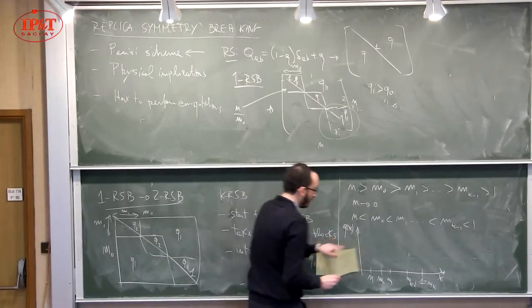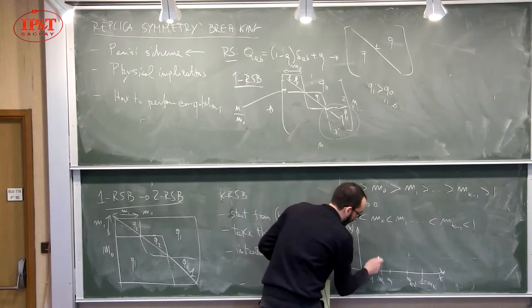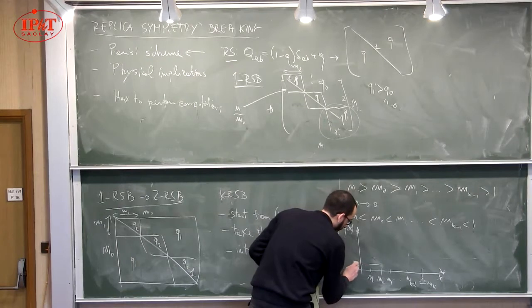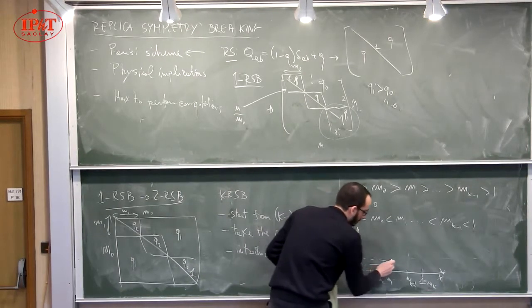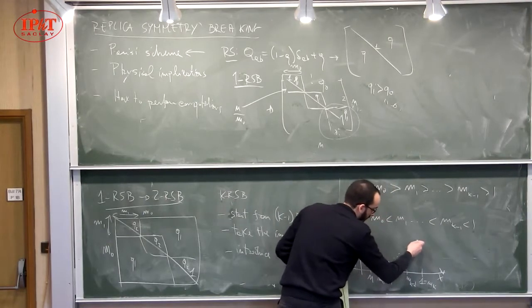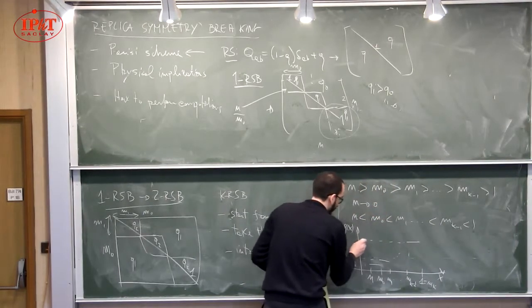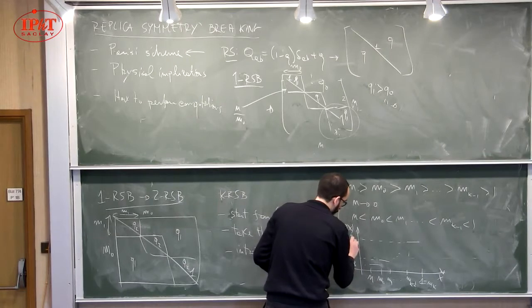And now I can write this function like that. So I have q0, this will be q1, and then up to here, which is q_K.